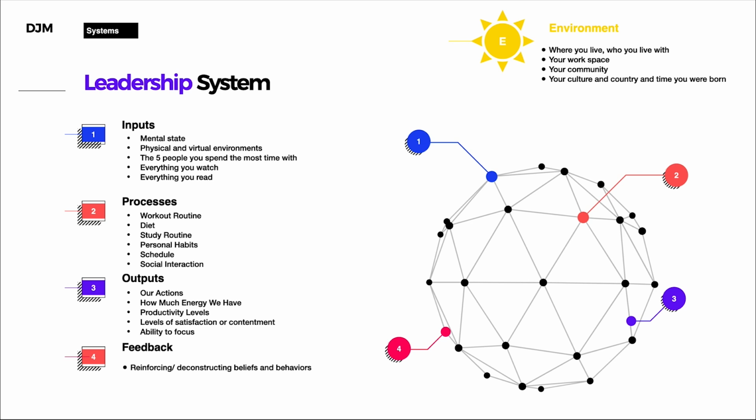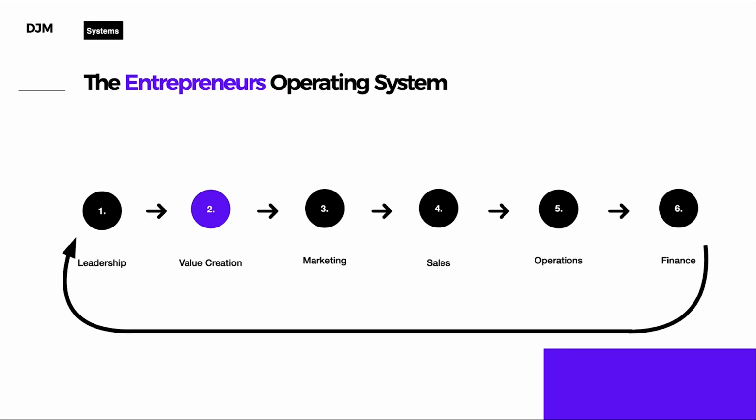But if they're positive, then you'll actually have positive reinforcement, and you'll want more of it, and it'll create a cycle or a leadership system. And so you, in your business, you are the leadership system. And your outputs and the feedback that you get from the inputs and the processes will change you dramatically.